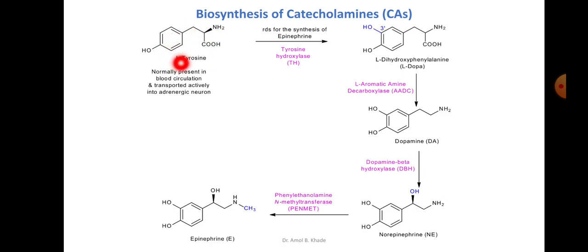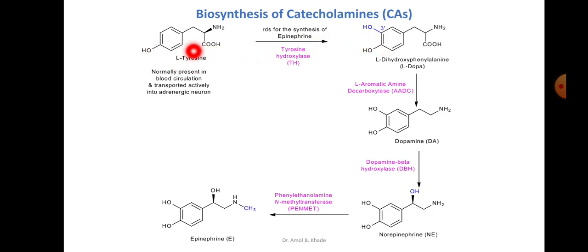Now this L-tyrosine, when it goes into the adrenergic neuron, it has the tyrosine hydroxylase enzyme, which is abbreviated as capital TH. Now this tyrosine hydroxylase, as the name indicates, will do the hydroxylation of this L-tyrosine at the 3' position.